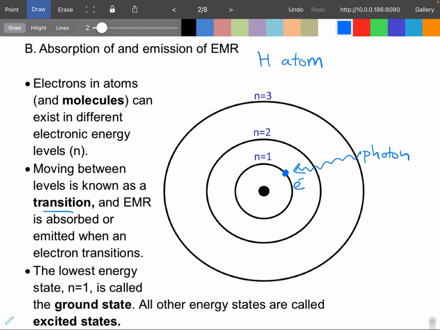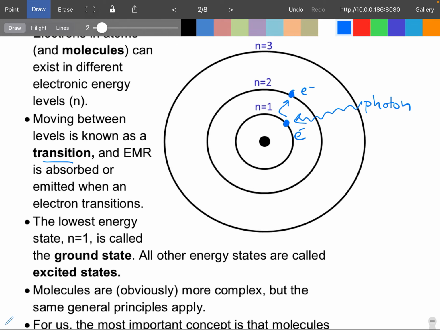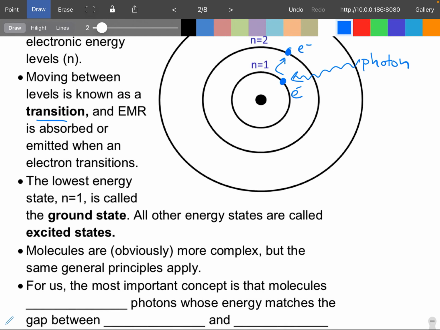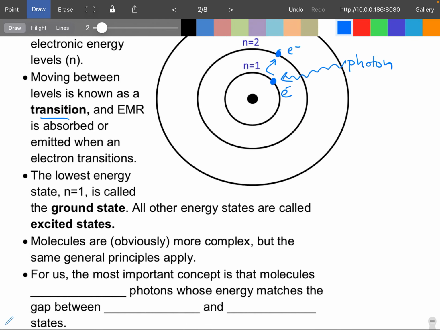And so what matters for us is that molecules absorb photons whose energy matches the gap between the ground and excited states.